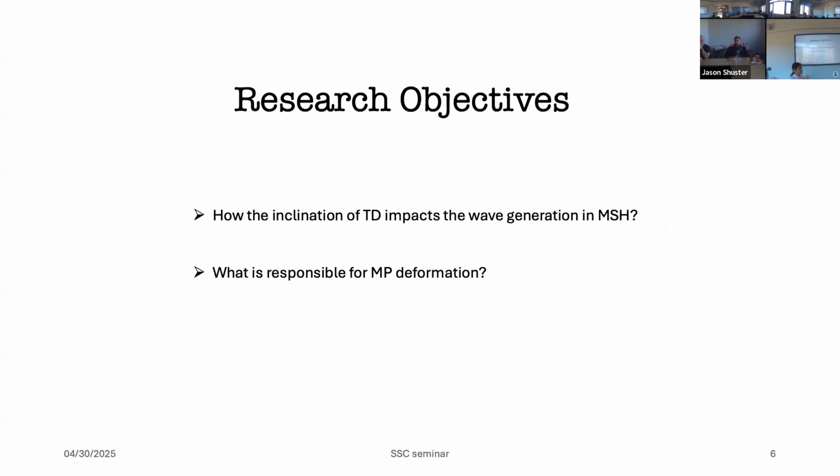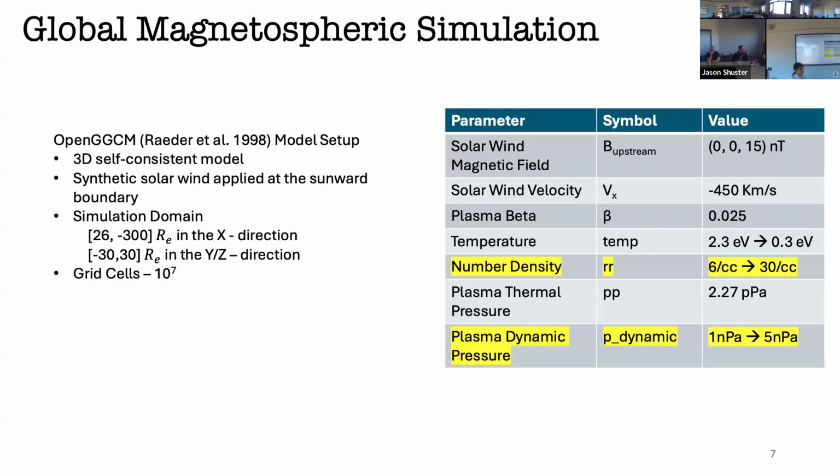For this study, we focus mostly on how the inclination of these discontinuities impacts the wave generation in the magnetosheath, and what is responsible for these magnetopause deformations. This is the general simulation setup.